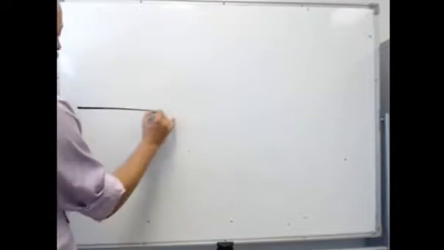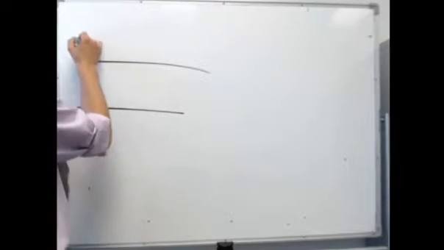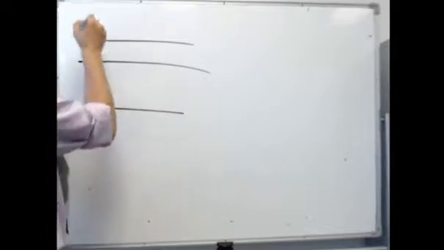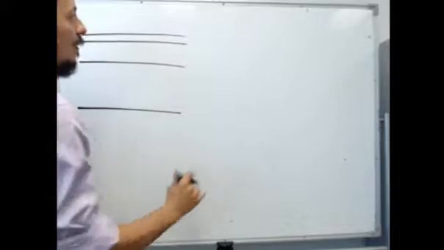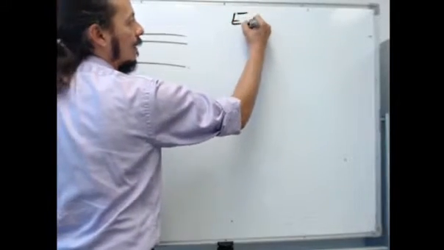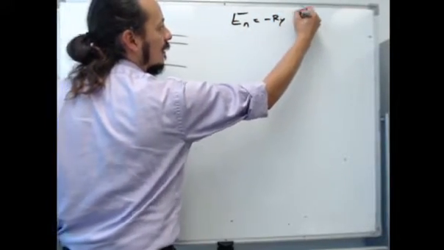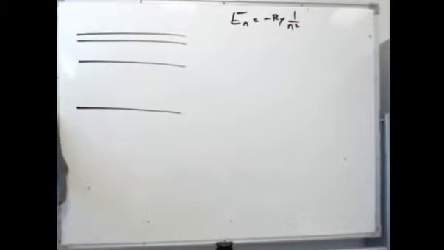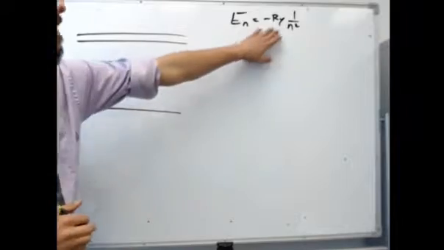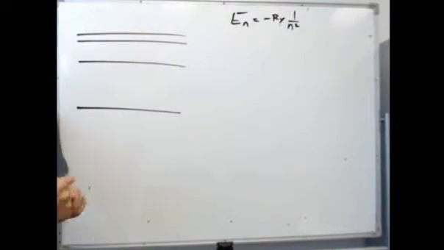Do you know the reason why the 1 to 2 is bigger than the 2 to 3, and bigger than 3 to 4? Because of the equation. Always because of the equation. That's always a great answer. Math. Because the math says so. Remember, it's a 1 over n squared energy.